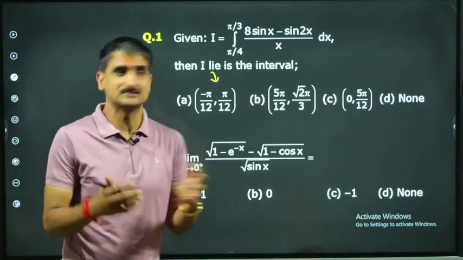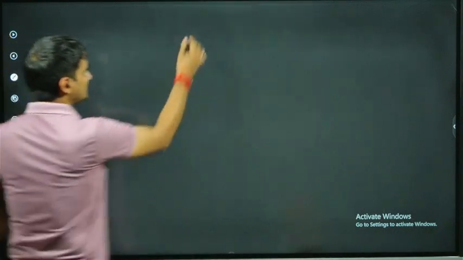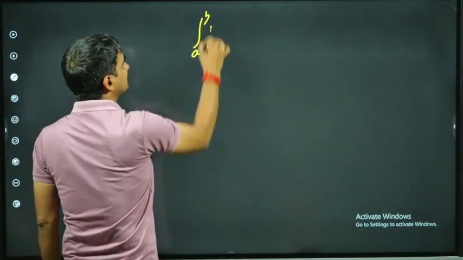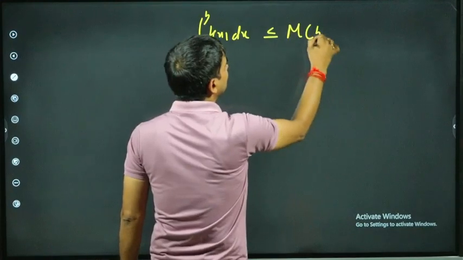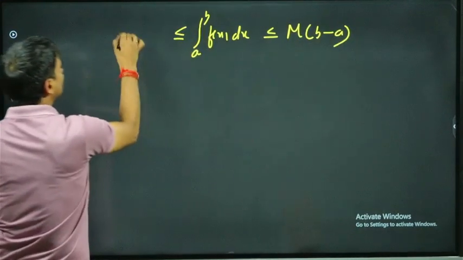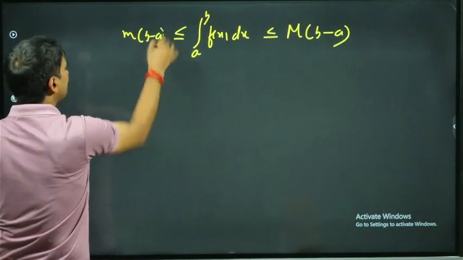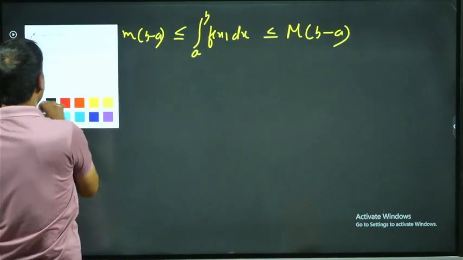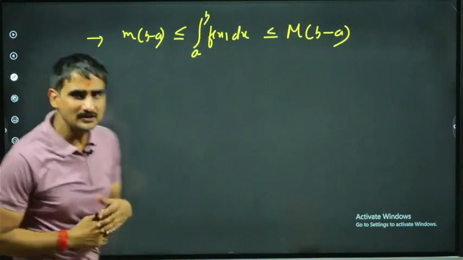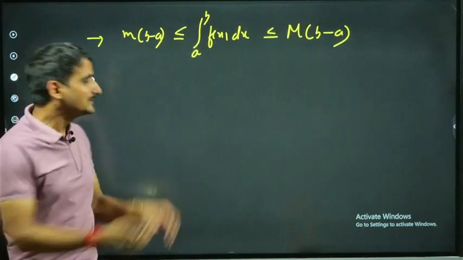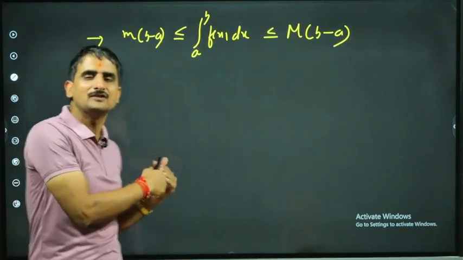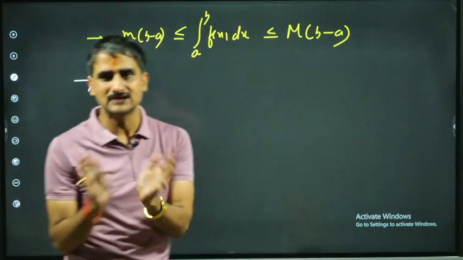What are those? Like we say that any integral a to b f(x) dx lies between its maximum value into b minus a and of course the minimum value into b minus a. These are two actually the standard forms for inequality in definite integral which we normally try to use in solving such type of question where we have to find the interval in which I lies.